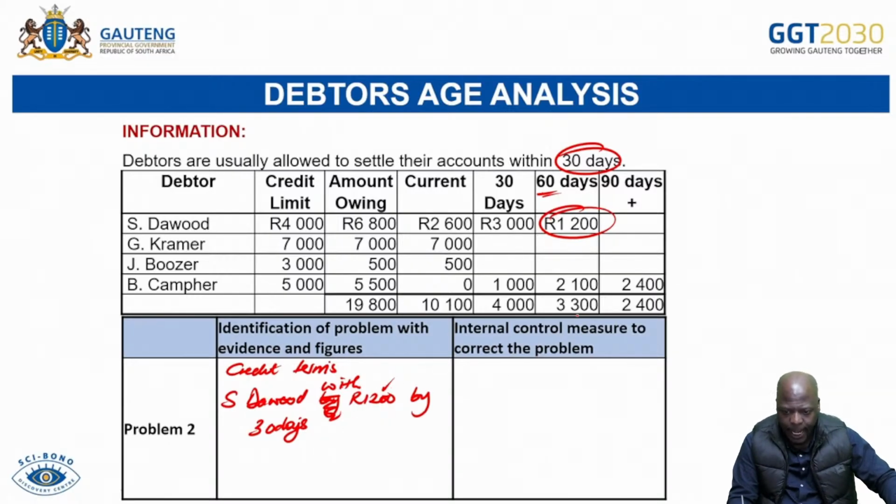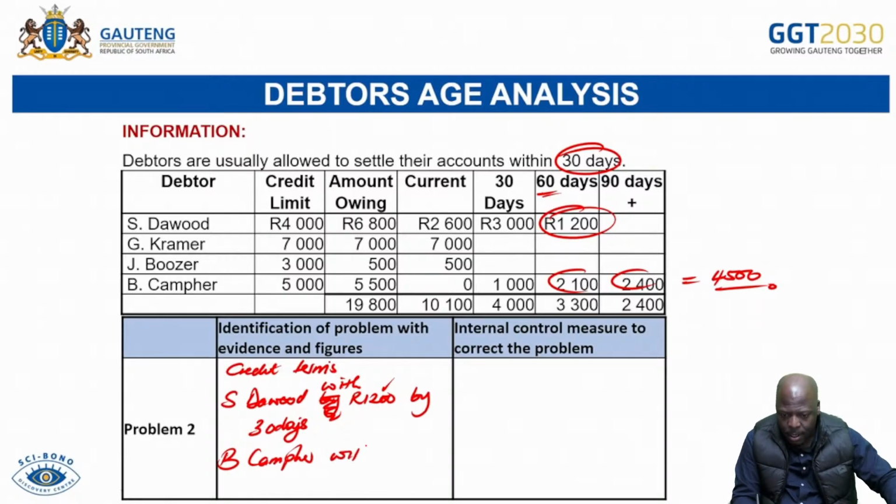Let's look at another one again. The next one would be your B Kempfer here. As you can see, here's this one and that one. If we add those two, they give us 4,500. So we come here, then we say B Kempfer is exceeded, by how much?